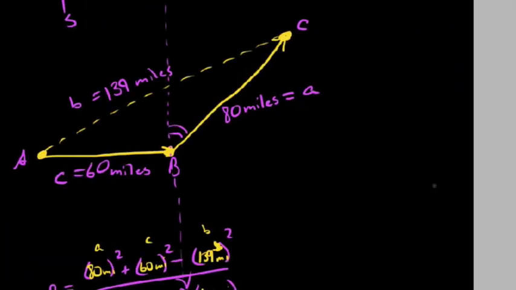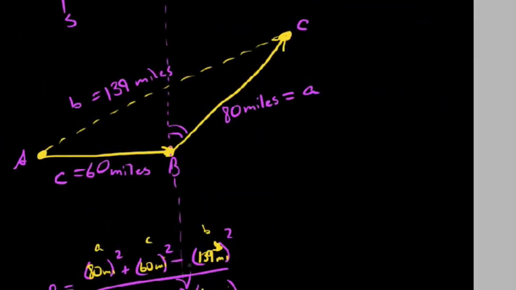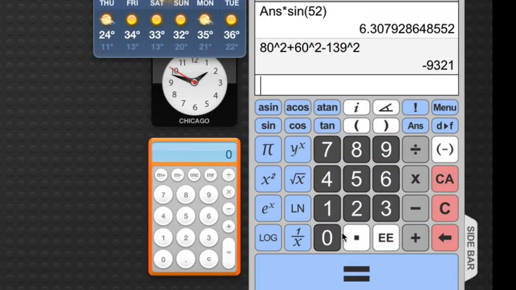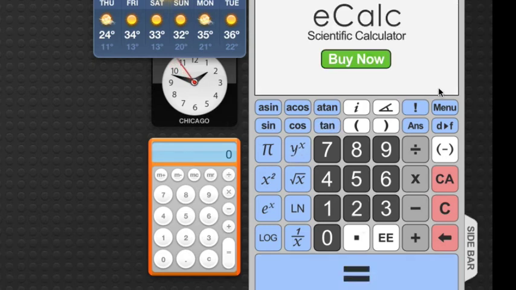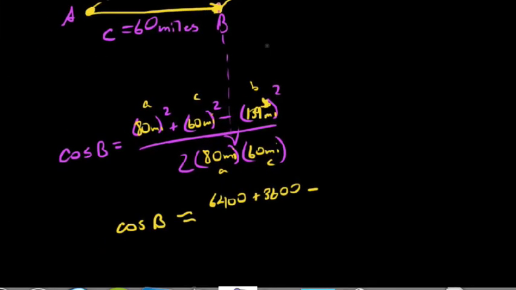I just want to be certain. 80 squared, that'd be what? 6,400. 60 squared is 3,600. So that's an even 10 thousand, minus 139 squared. Well, it certainly is that, 9321.